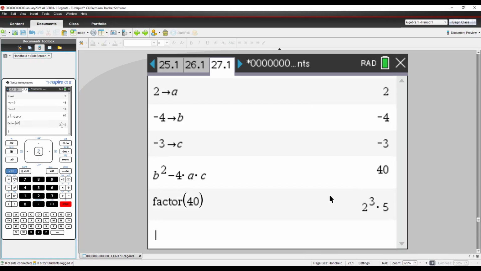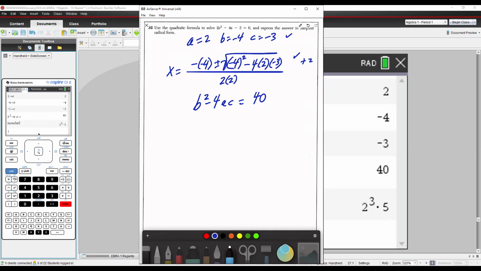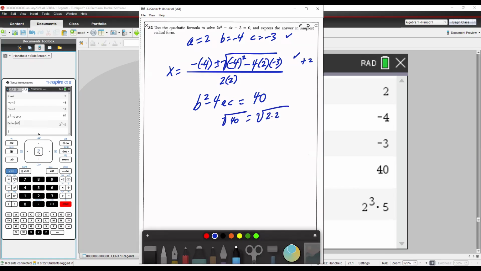So now I am going to go to the iPad and I'm going to finish this up. So I'm going to rewrite this as 40, and I can rewrite that as 2 times 2 times 2 times 5, which is what this is.